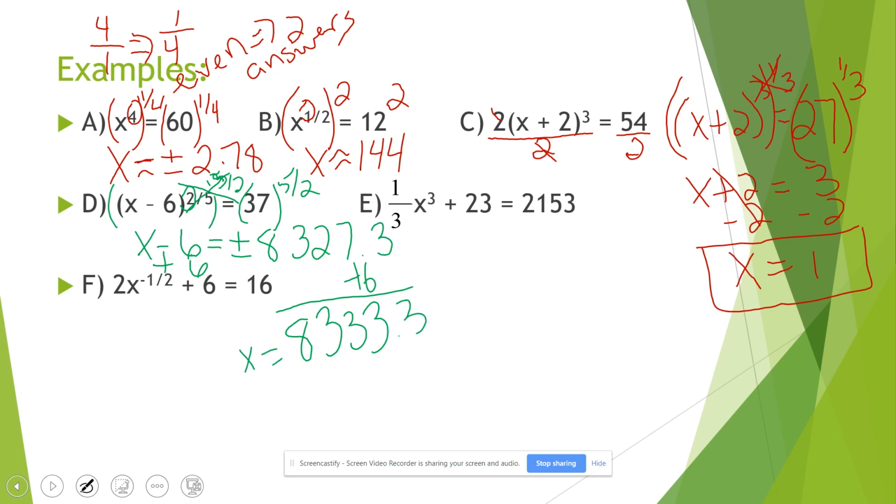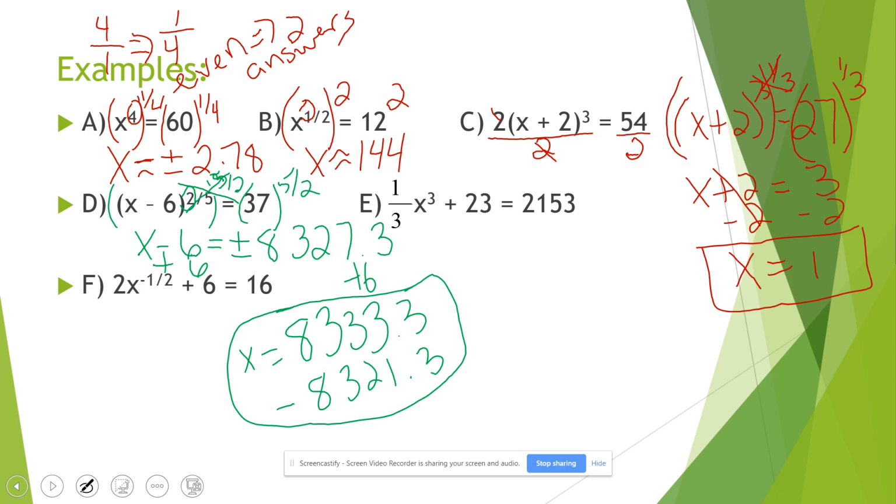And then I'm also adding it to a negative 8,327.3, which is negative 8,321.3. So those are my two answers. Remember, with the pluses and minuses, you can't always say it's just going to be plus minus whatever with 6. Those are two different values that we're adding 6 to.